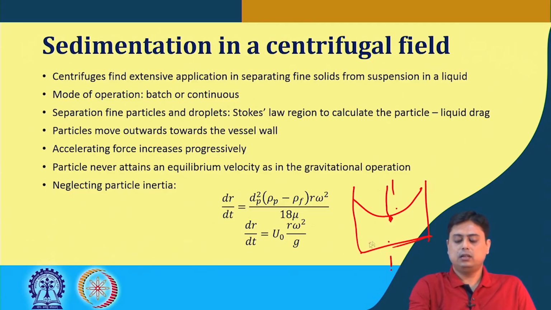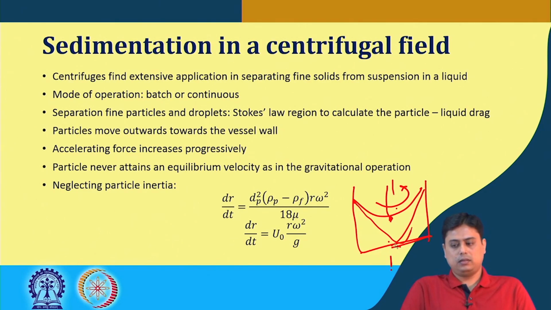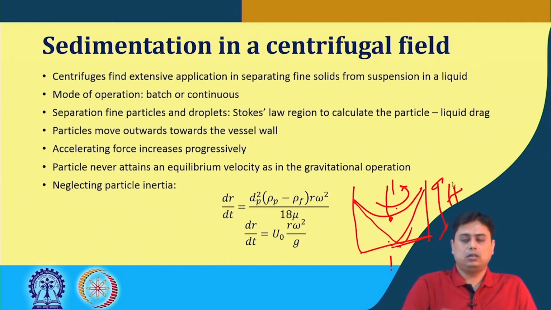So, if this is the bowl wall, as you increase the rotating speed, this free surface at a certain point of time will touch the base depending on the depth of the liquid and the speed, the angular momentum of this rotating bowl.